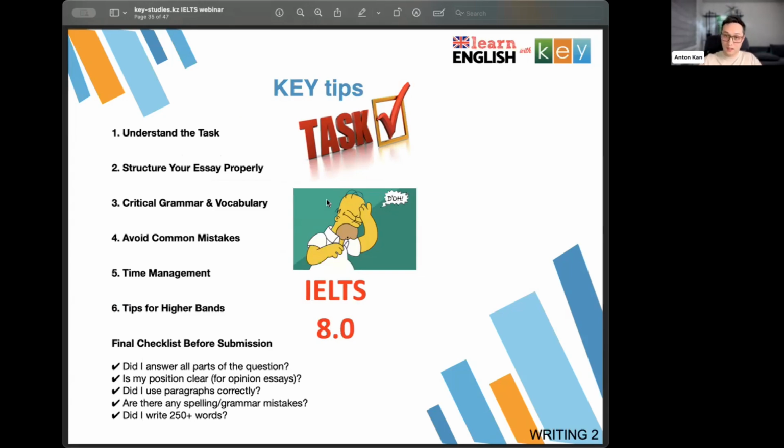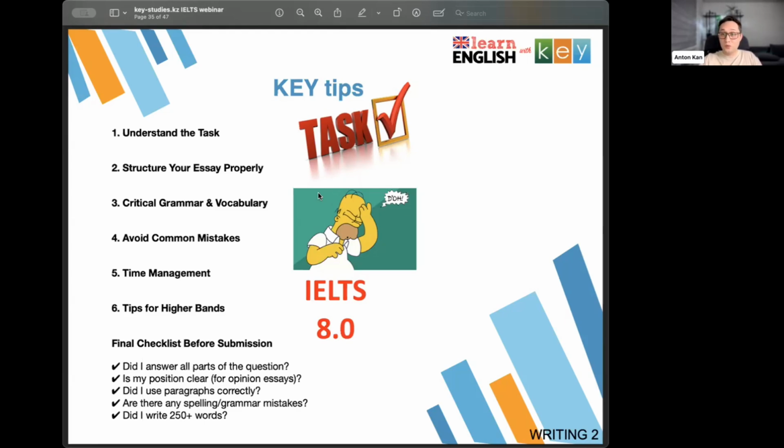Introduction, 2, 3 sentences, then 2, 3 body paragraphs with 5 to 6 sentences each, where you can include a topic sentence with the main idea, explanation, where you develop your point, some example, real world evidence, and also don't forget about a linking sentence, which can help you to build a bridge between one paragraph and another. And conclusion, of course, 2, 3 sentences.